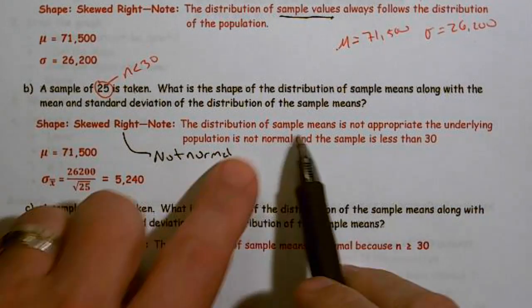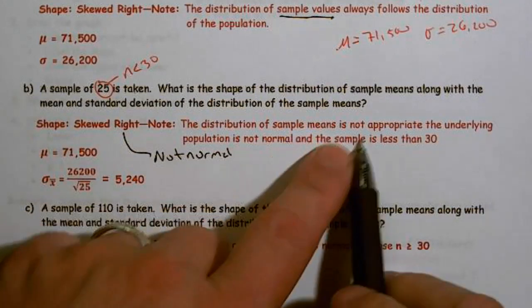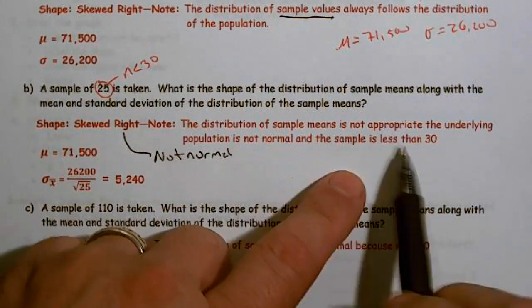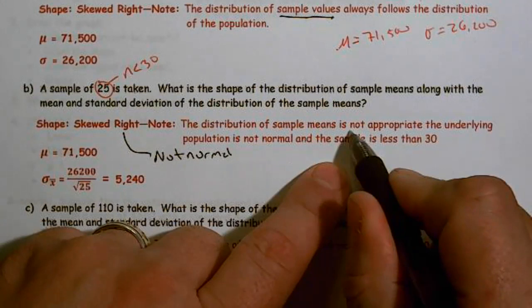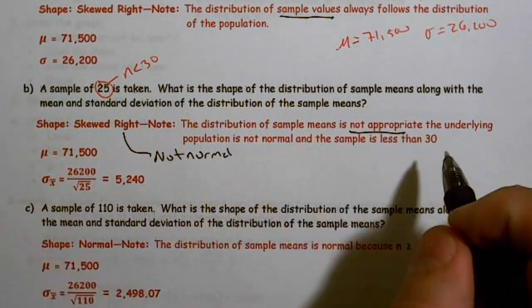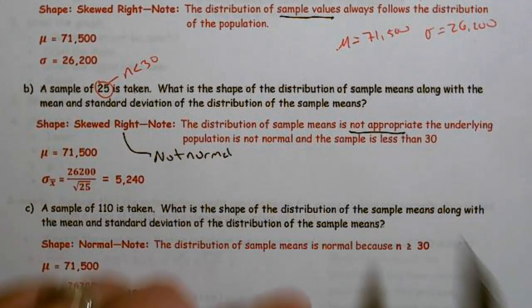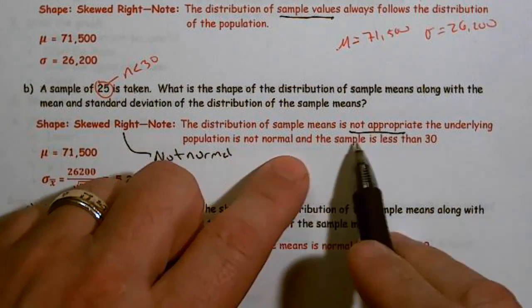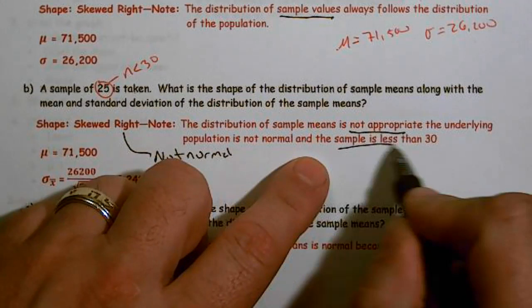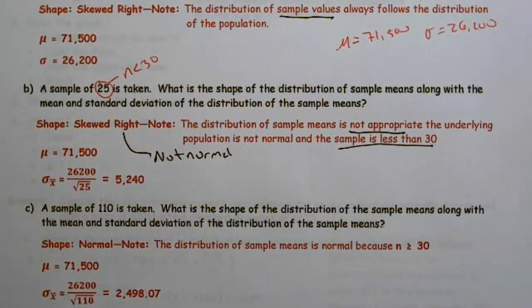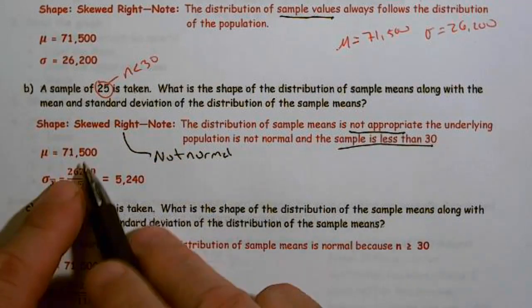And it's not appropriate to use the normal distribution for the sample means because the underlying population is not normal. If the underlying population was normal, we could say, hey, it's normal. But in this case, it's not normal, and our sample size is less than 30. We cannot use central limit theorem.